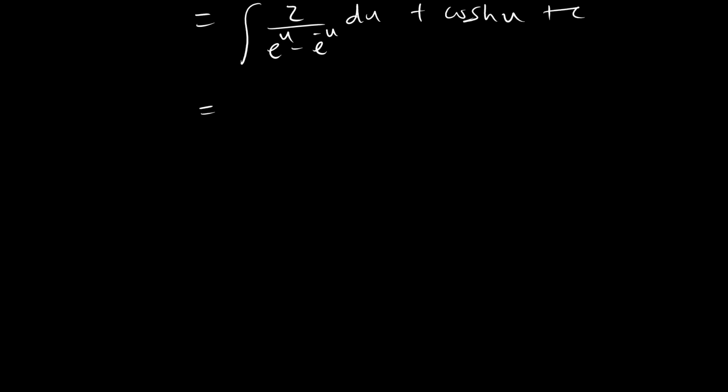If we multiply both the numerator and the denominator by e^u, we get 2 times e^u over e^(2u) minus 1, plus cosh u plus c.